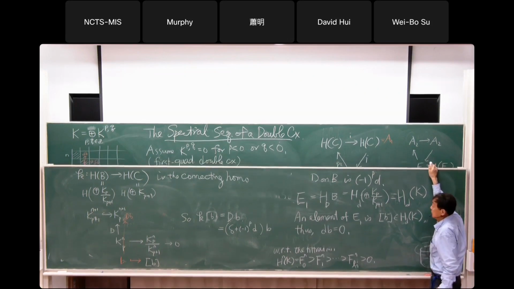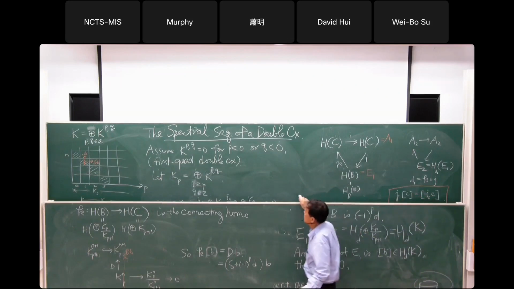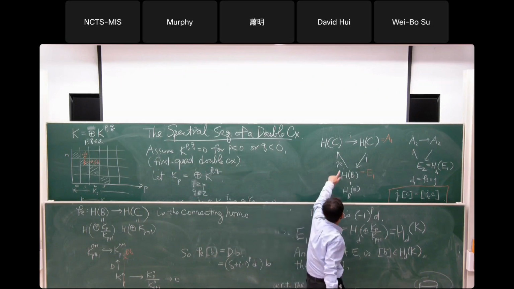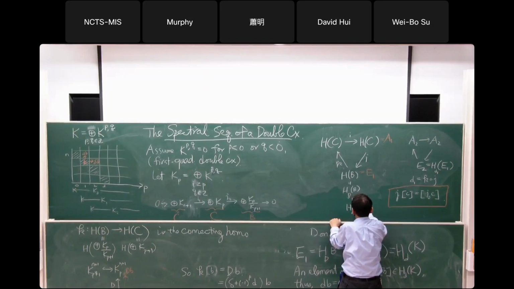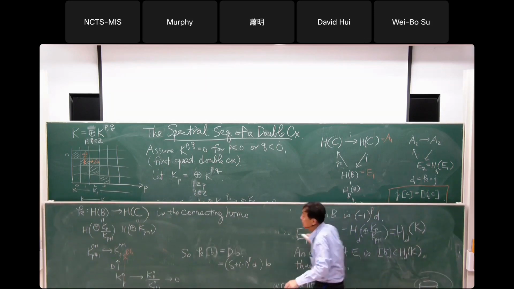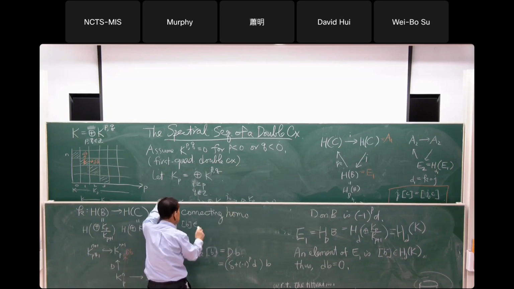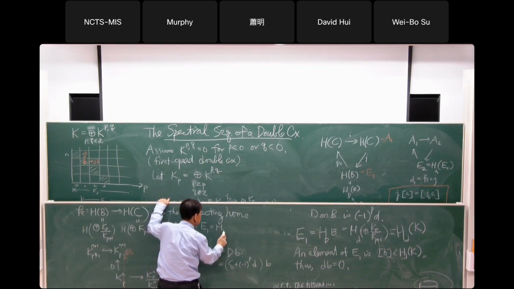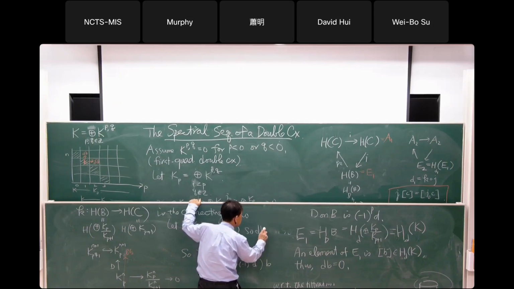Now we start with an element B, and we want to figure out what this K is. So we start with an element B such that dB is 0. Let B be in E1, which is H little d of K. And so you know that dB is 0.